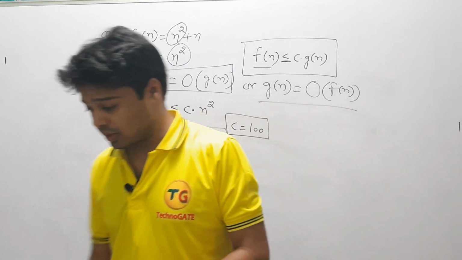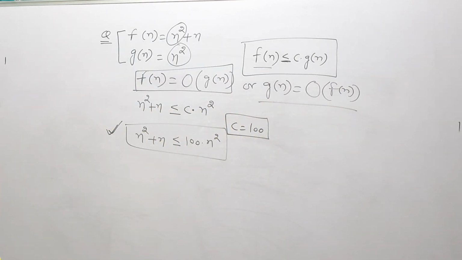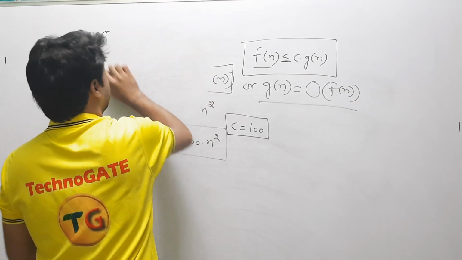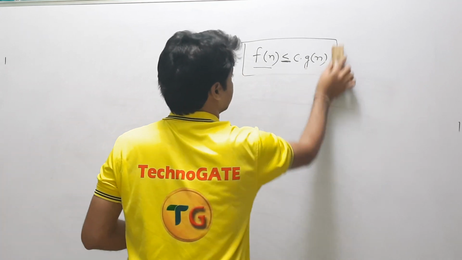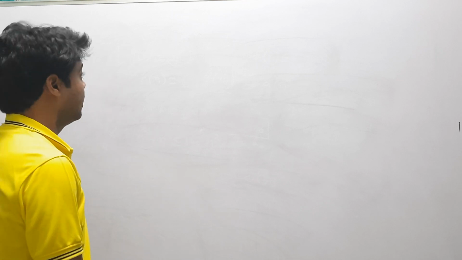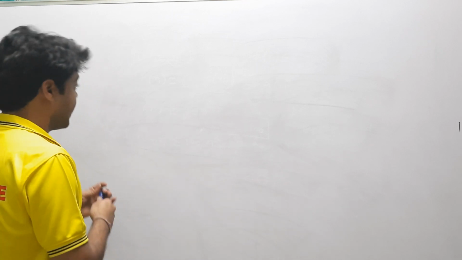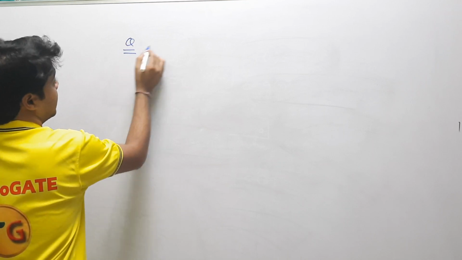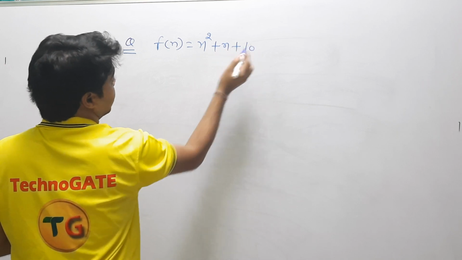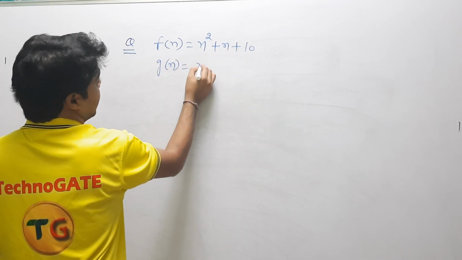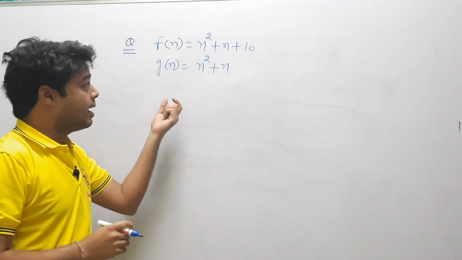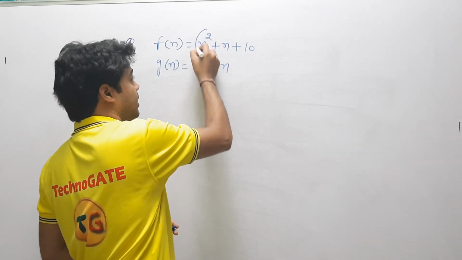Okay. Let's take one more example here. Fn is n square plus n plus 10 here and Gn is n square plus n here. So again, the highest term in both functions is n square.